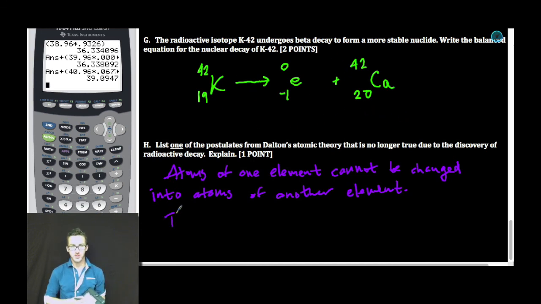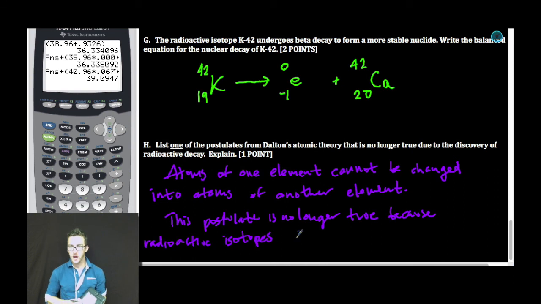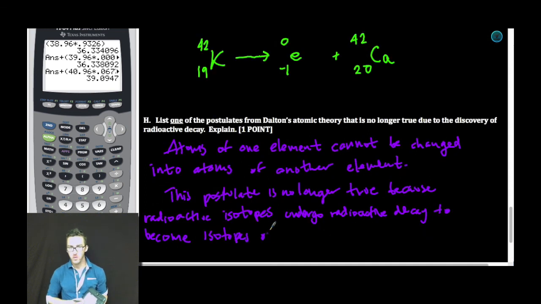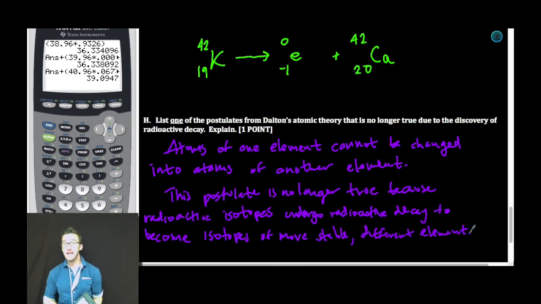So this postulate is no longer true because radioactive isotopes undergo radioactive decay to become isotopes of more stable, different elements. And that's illustrated in the decay equation we've shown above. Free response is done.